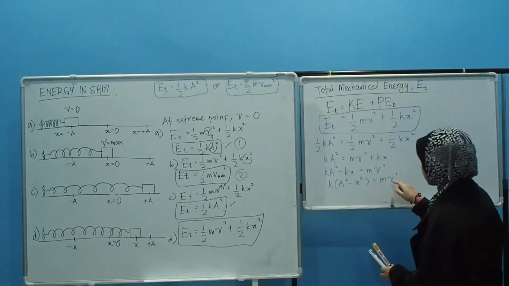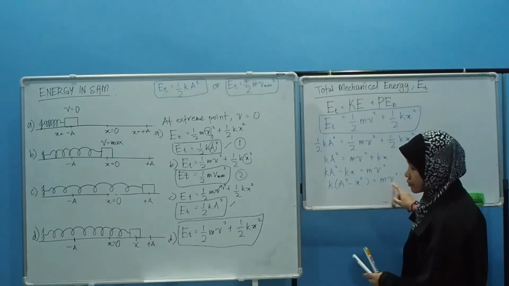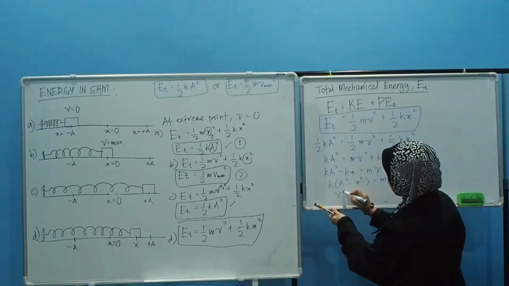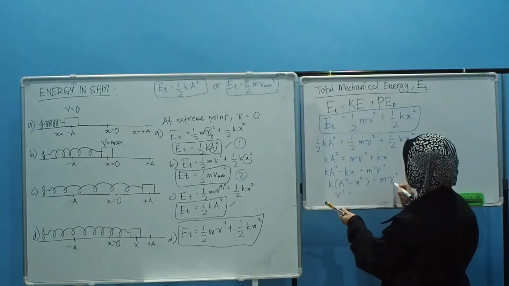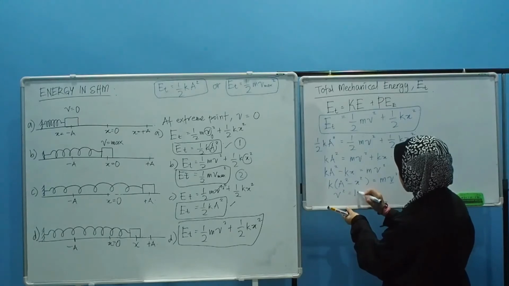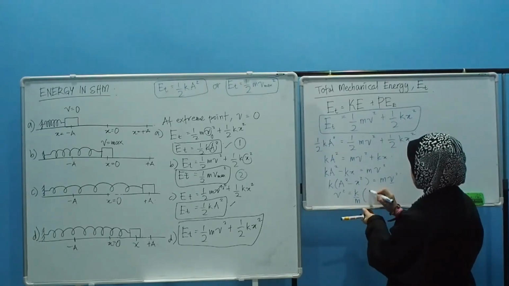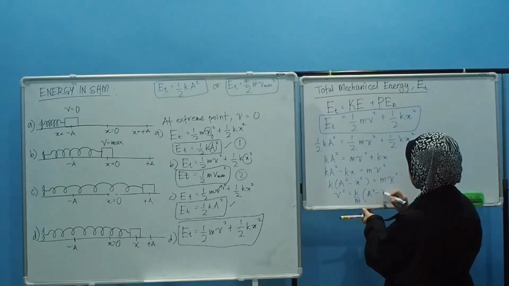So now I want to make v the subject. So v squared is equal to k divided by m times A squared minus x squared.